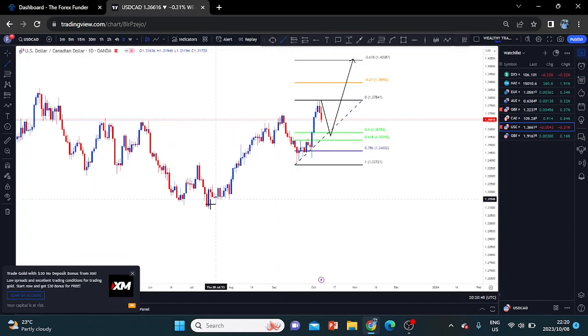Or the market can decide to respect what? Can decide to respect a 1, 2, 3 wave structure, meaning the first touch, second touch, third touch here on our Fibonacci around this level before going to the upside. So you always have to make sure that you have at least two possibilities or two potential outcomes that the market can do.